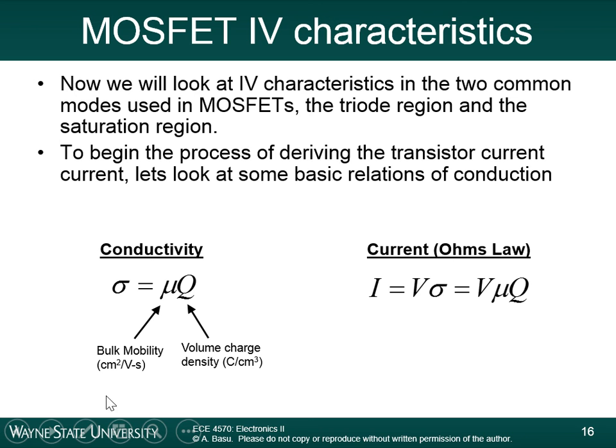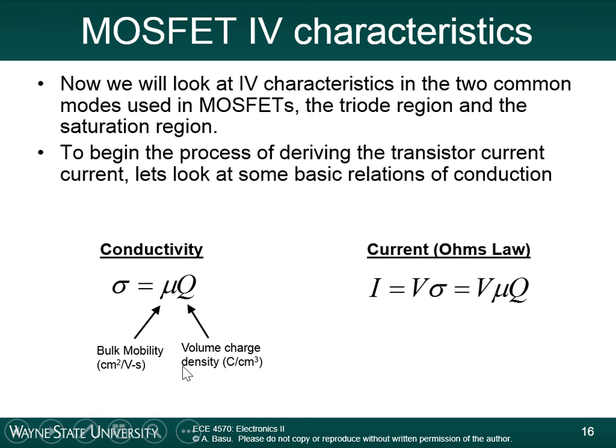The conductivity sigma is equal to the mobility times the volume charge density, in coulombs per centimeter cubed. In an N-type semiconductor, this is equal to small q, 1.6 times 10 to the negative 19, times N, where N is the number of electrons per centimeter cubed. So this large Q is equal to q times N in the case of an N-type semiconductor, and q times P in the case of a P-type semiconductor.